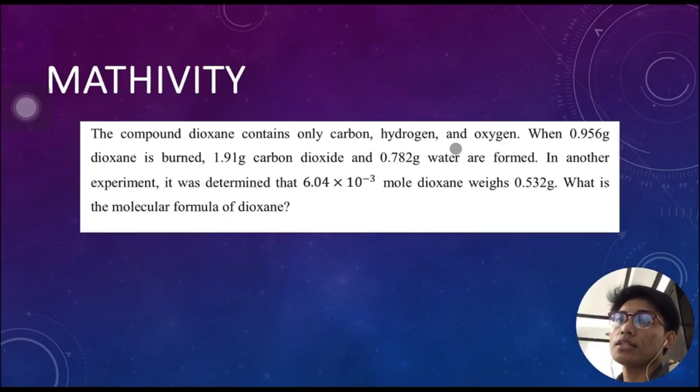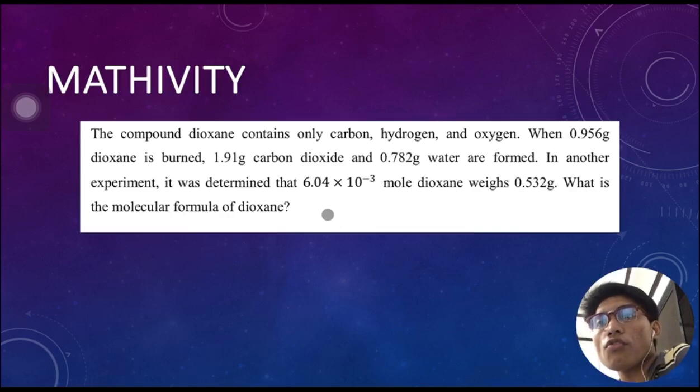In another experiment, it was determined that 6.04 times 10 raised to negative 3, or 6.04 millimole of dioxane, weighs 0.532 grams. What is the molecular formula of dioxane? So this is the activity you can try on your own.